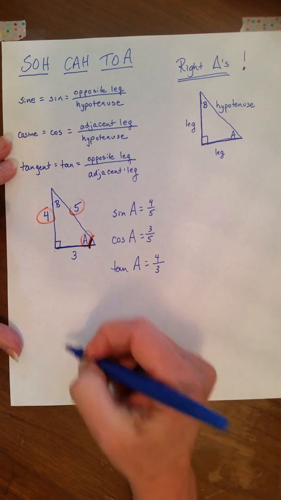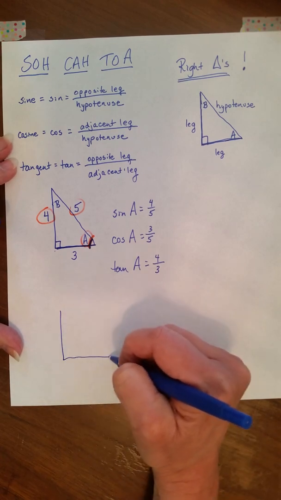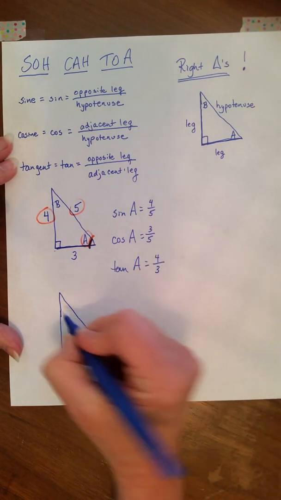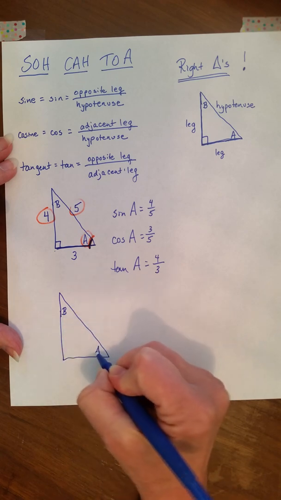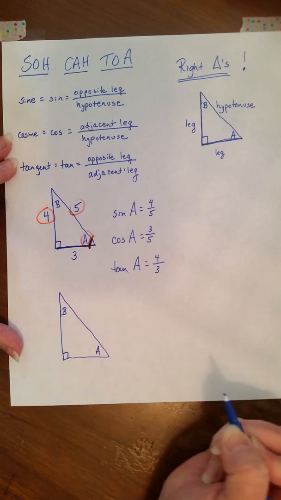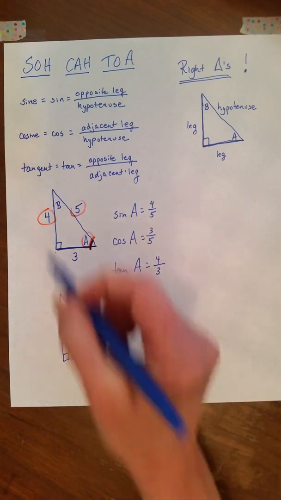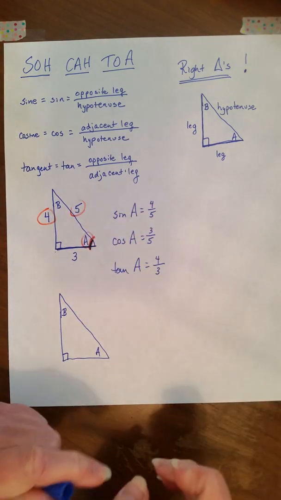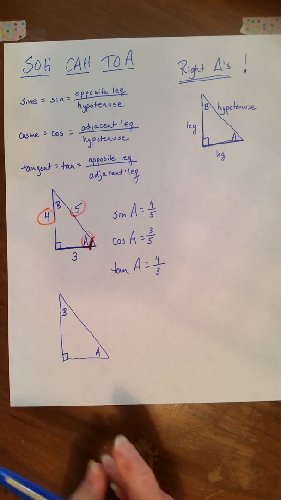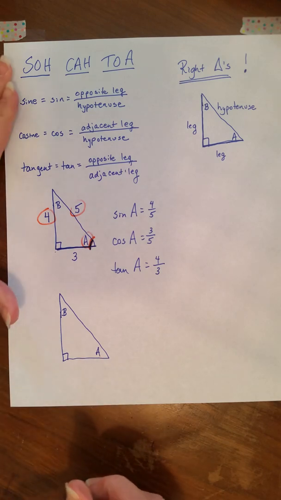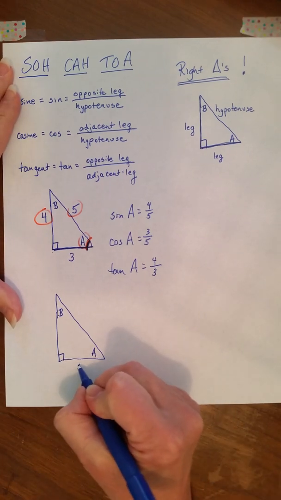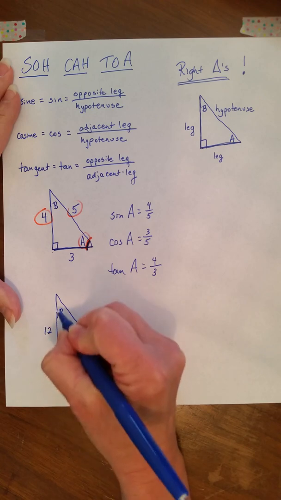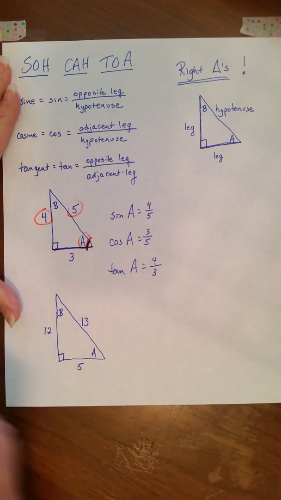Let's look at another one. Here's B, here's A, here's the right angle. Okay, again, I'm still going to put it in the same perspective, A and B. Now these leg lengths, however, are 5 for the shorter leg, 12 for the longer leg, and 13 for the hypotenuse.